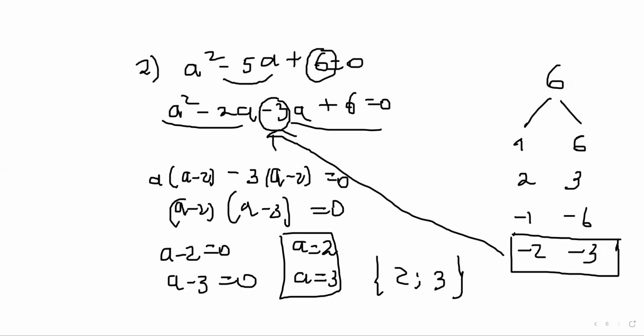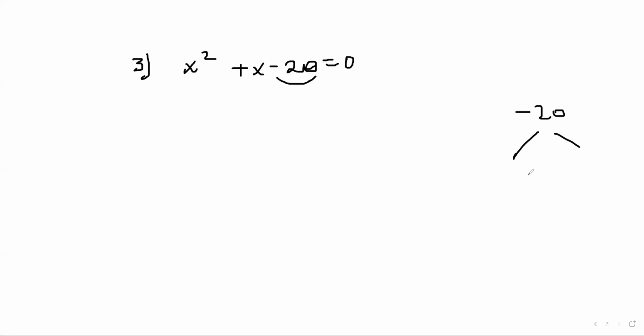Let's see such an equation, number 3. x squared plus x minus 20 equals 0. Again, we have to look at this number, minus 20. So which numbers give us minus 20? 1 and minus 20: if we multiply 1 by minus 20, we get minus 20.